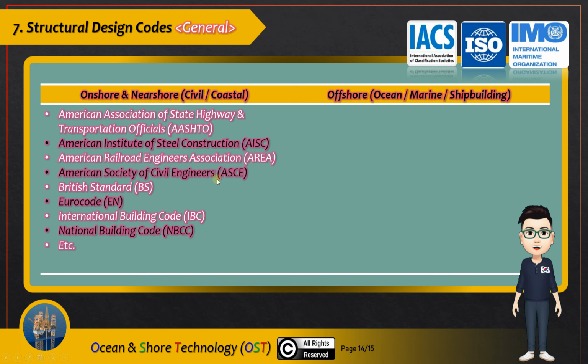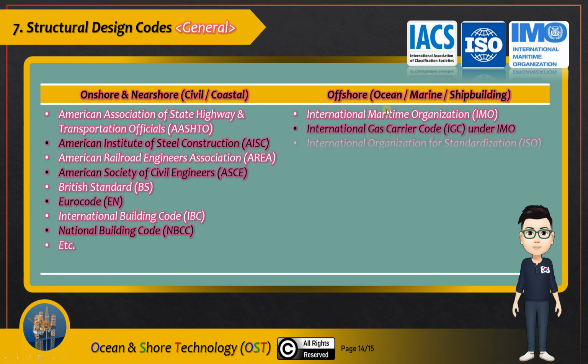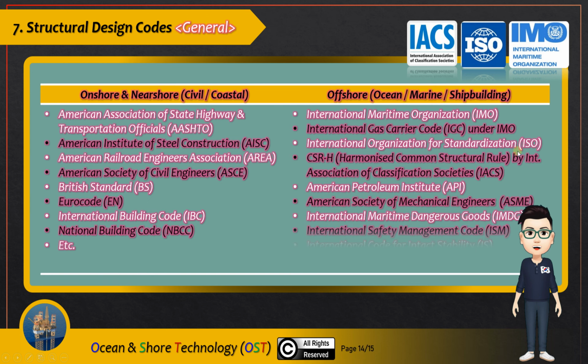This might be familiar to you from Civil Engineering, American Society of Civil Engineers, and British Standard, quite famous, and Eurocode, and etc. In the case of the marine industry, we have the IMO and ISO, and recently the International Gas Carrier Code for the LNG, or liquefied hydrogen ships. The IGC code is highlighted, and we have the IACS. Of course, the petroleum industry adopts the API code, and ASME from mechanical engineering, and etc.